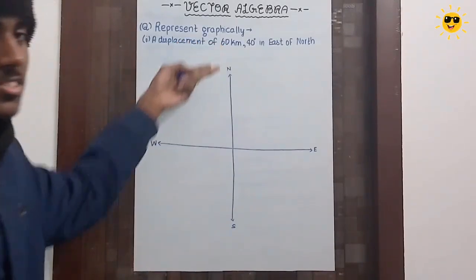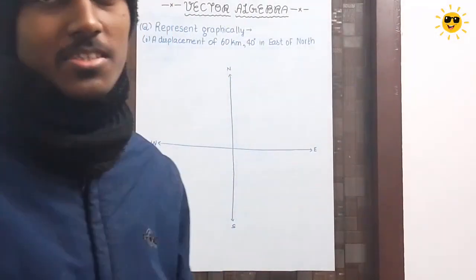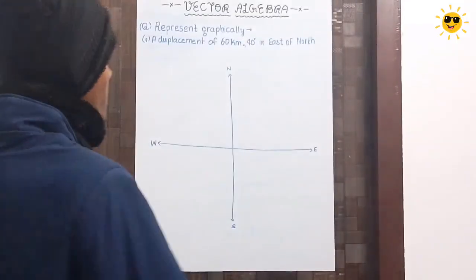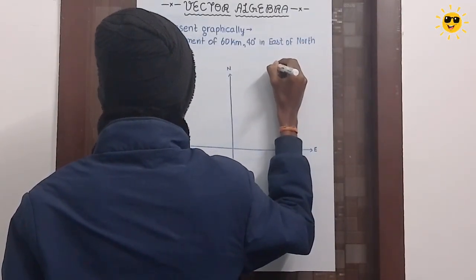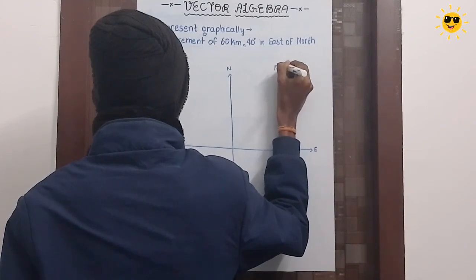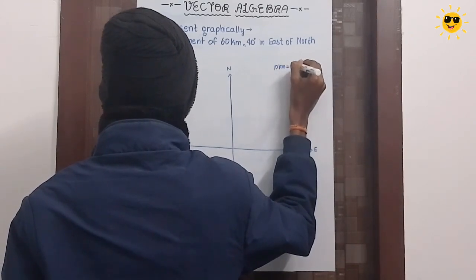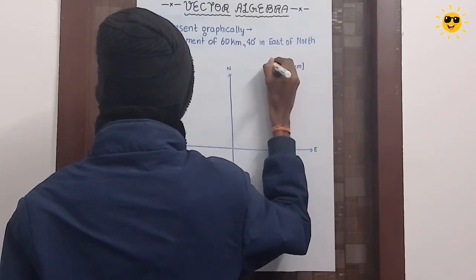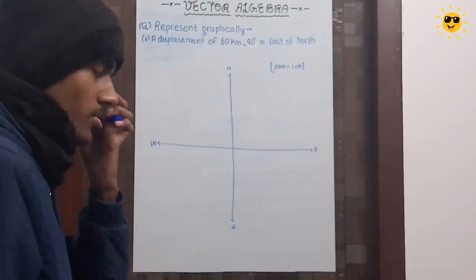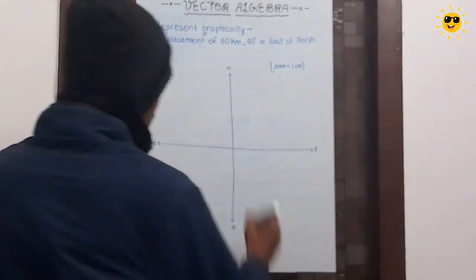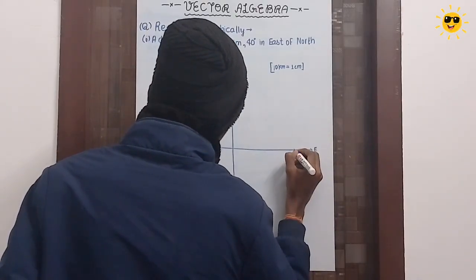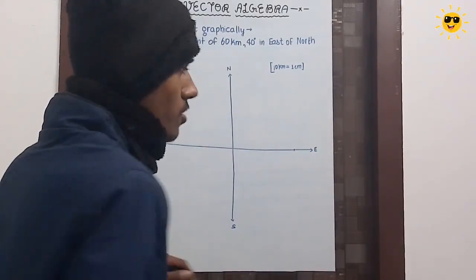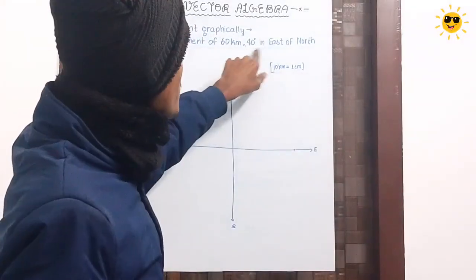Now we have to represent 60 kilometers, and 60 kilometers is a very huge number to represent. So we have to scale down. So we will write a scale: 10 kilometers equals 1 centimeter. If you're writing in your notebook, you can use this scale. I'm going to use it here too. Also, we have to draw 40 degrees east of north.